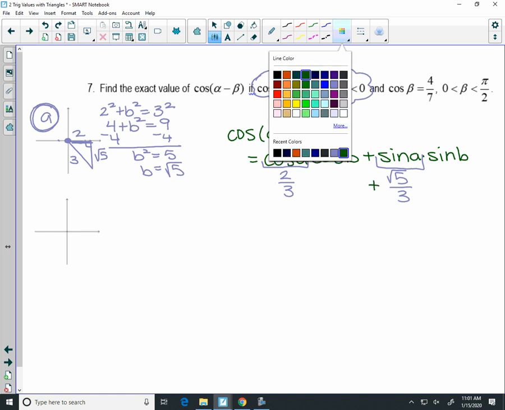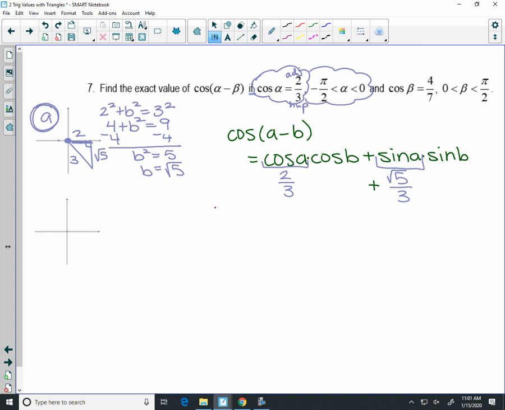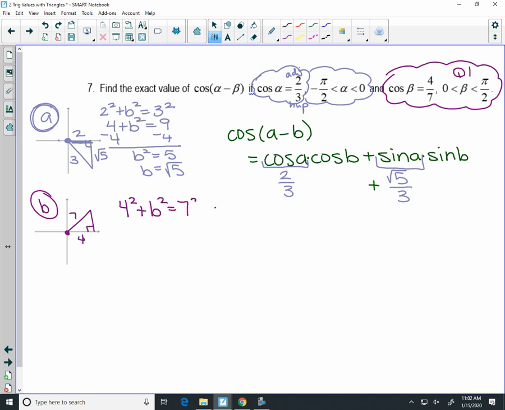And now we need to do our B triangle. Here's our B triangle details. B triangle is in quadrant 1. Again, we're given cosine, so that 4 is going to go along the x-axis, 7 is the hypotenuse. And we're going to end up with some radicals on this one as well. So 4 squared plus b squared is 7 squared.